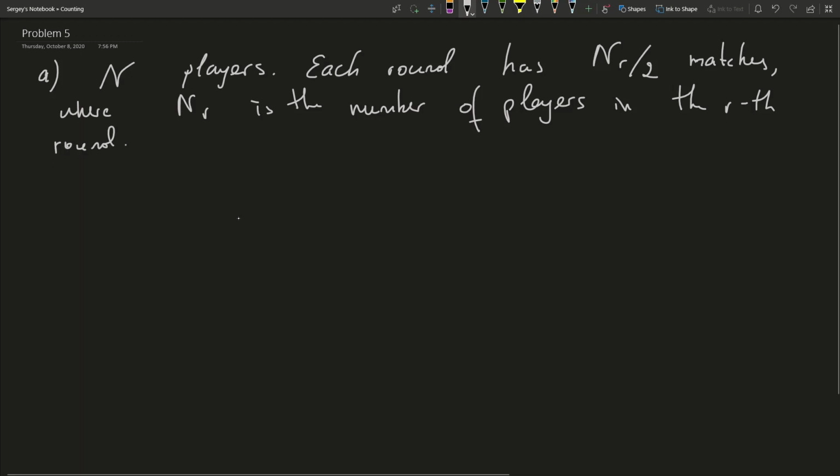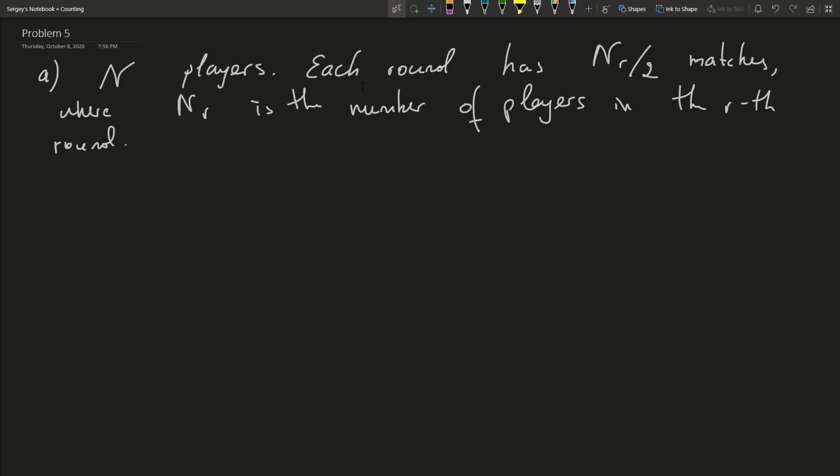Why is that? Because the n sub r players have to pair up for a match, and so there are n sub r over 2 matches in a given round. Now, half of them get eliminated, half of them proceed to the next round. So the question is, how many rounds are there until the winner is determined, until there's only one player left?